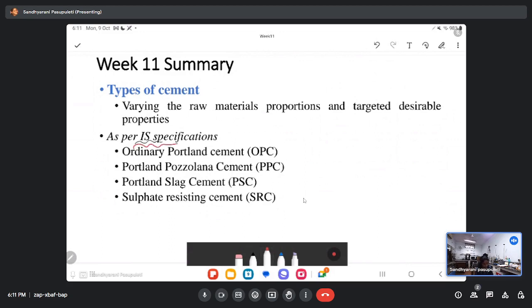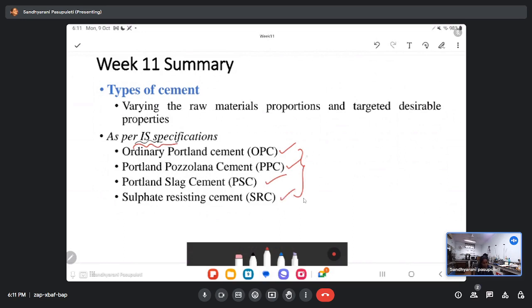For example, these are the four types of cements. One is ordinary Portland cement, OPC, another is Portland pozzolana cement, PPC. Third is Portland slag cement, PSC. Fourth is sulfate resisting cement, SRC.